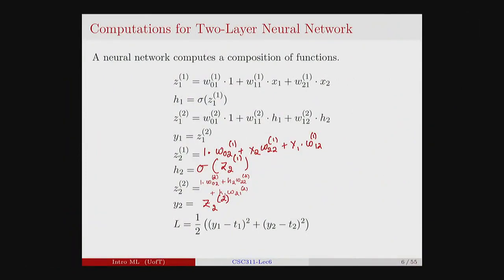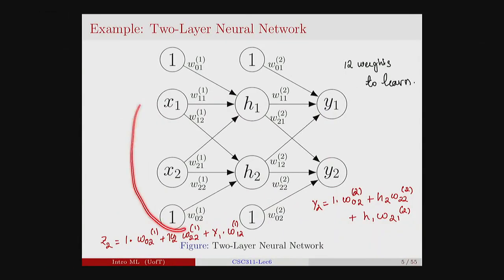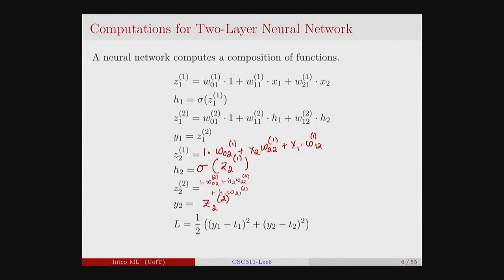Similarly, you can ask the same thing for computing H2, which would involve taking these three inputs and computing H2. Once you have H1 and H2, you're now ready to compute Z1 and Y1 correspondingly.